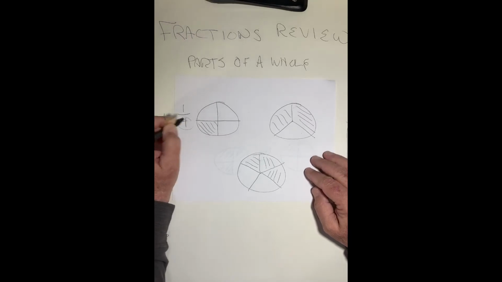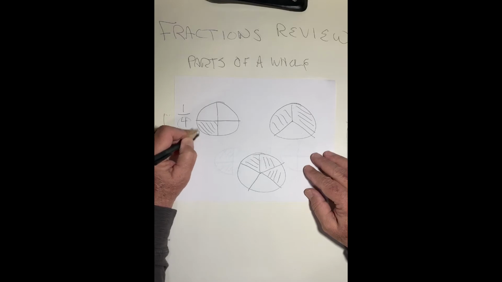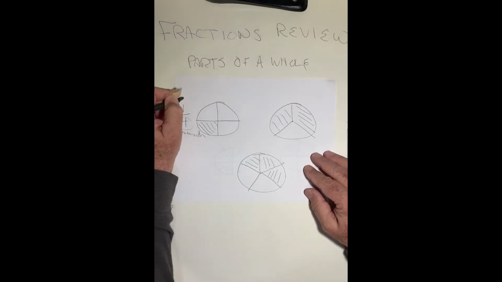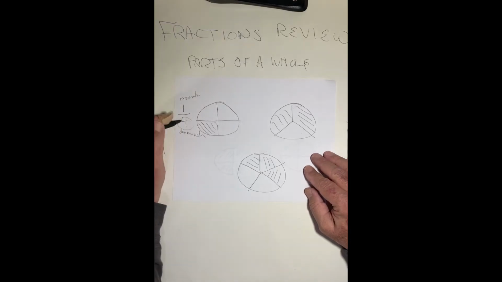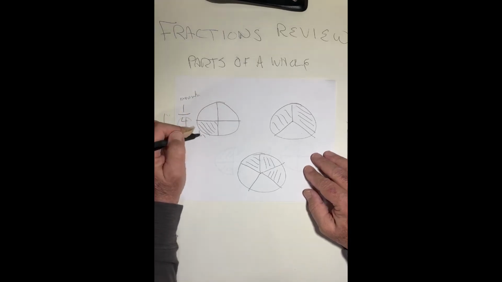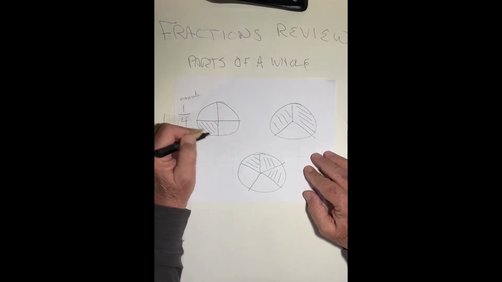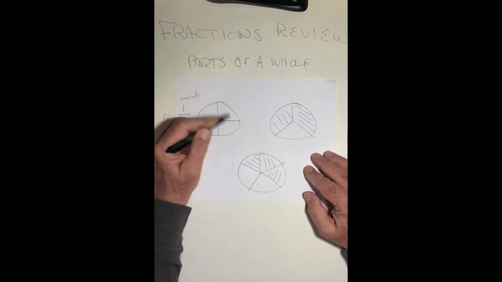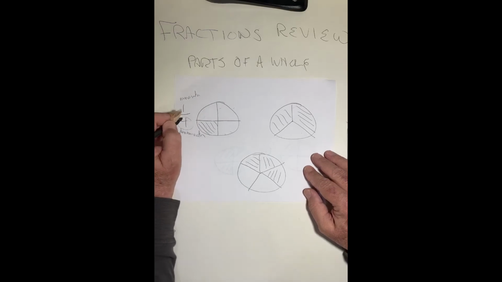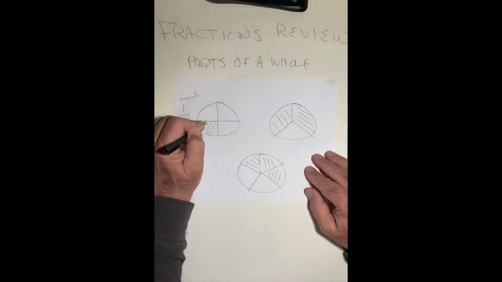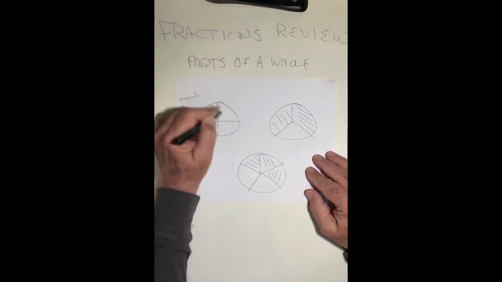And this bottom number is the denominator, just for vocabulary. Always remember D for down. Numerator is up. It's got a U in it, so up. The bottom number tells me how many pieces I need to get one whole thing. In other words, the bottom number tells me how big the slices are.